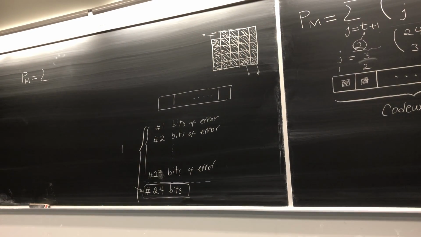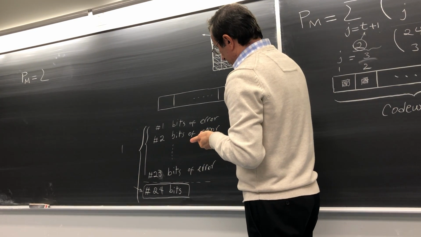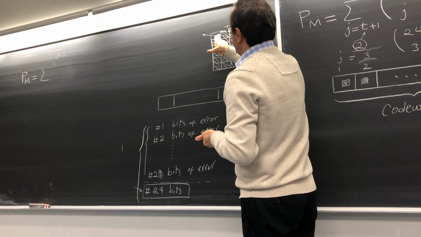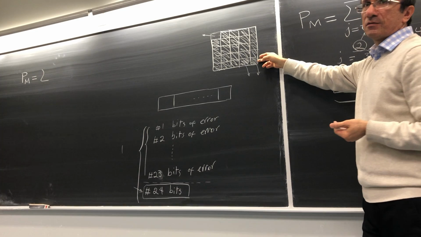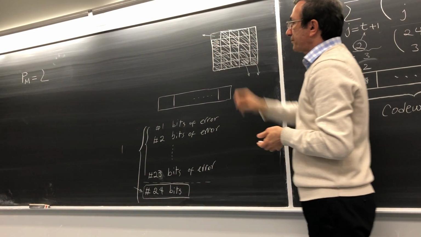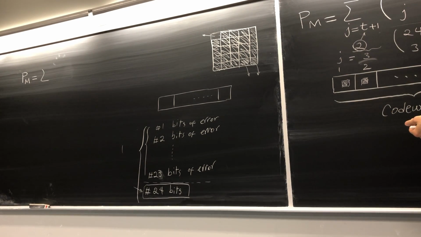So the probability of no errors is this one, and you go all the way to all bits in error. So no errors is one of the total space.